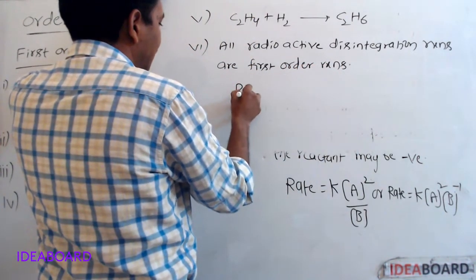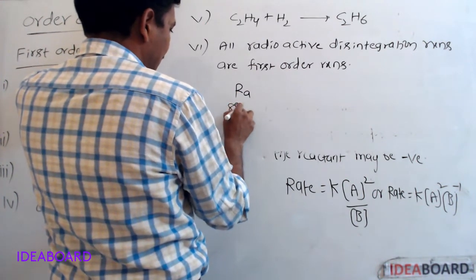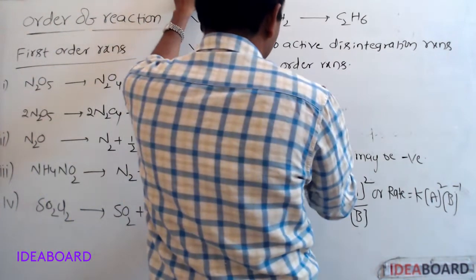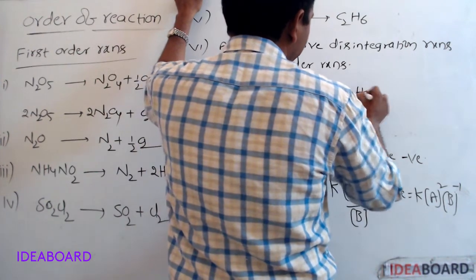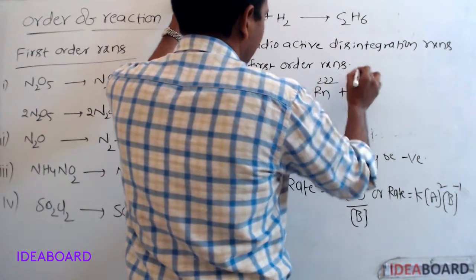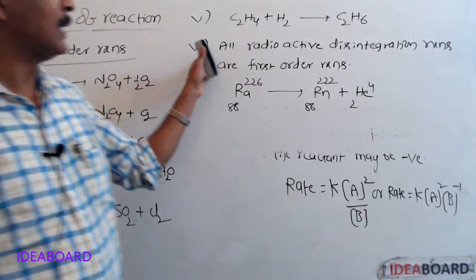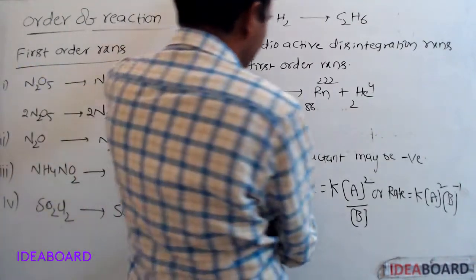Example: radium 88-226 forms radon 86-222 and helium 2-4. Not only this decay, all radioactive disintegration reactions are first order reactions only.